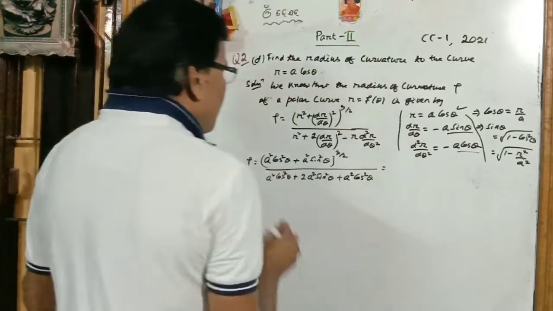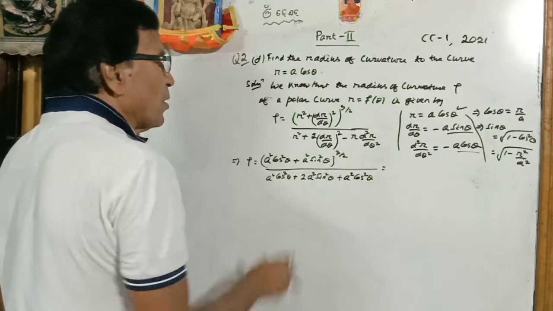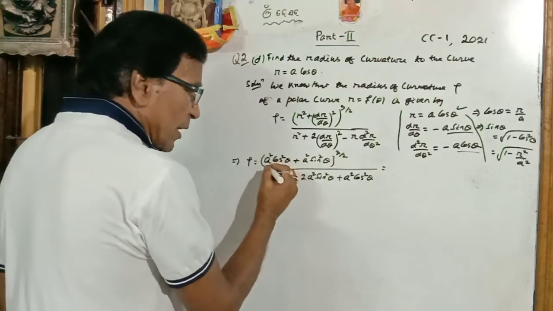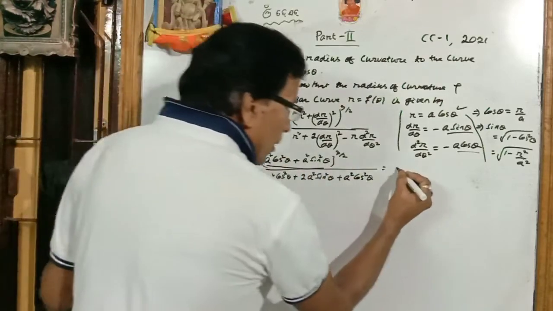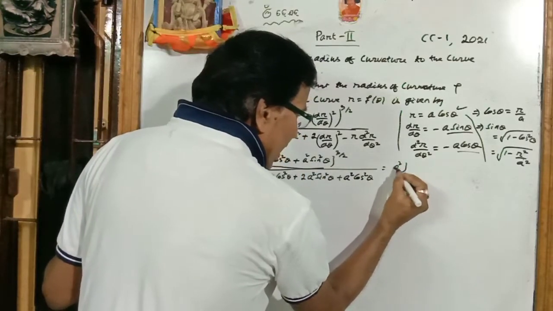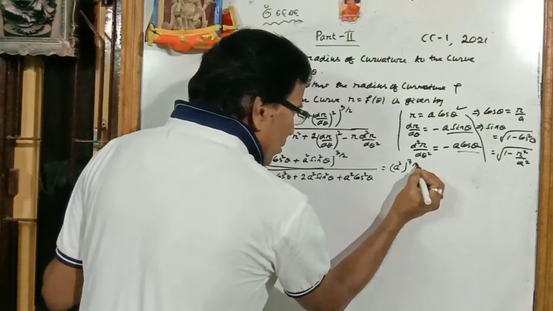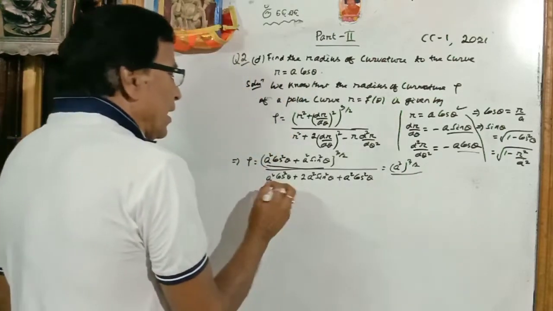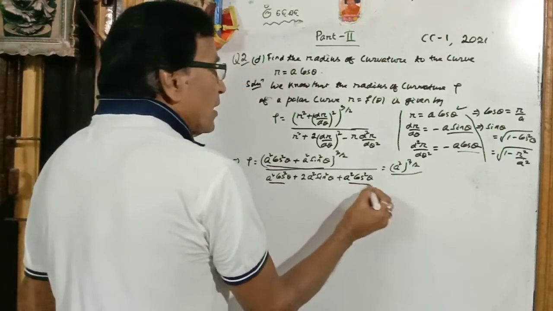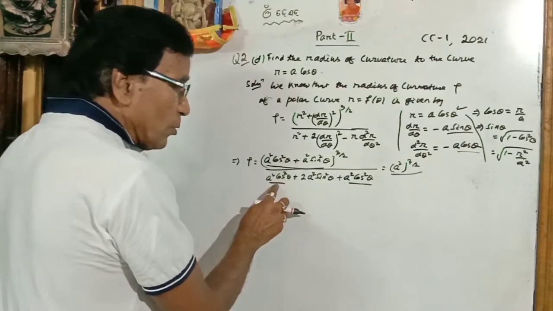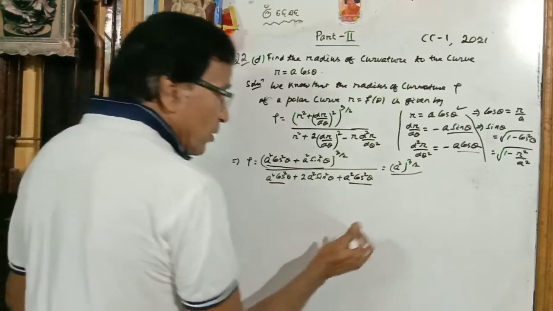So we are getting a square cos square theta plus a square sin square theta, which is equal to a square, and a square whole to the power 3 by 2 divided by a square cos square theta plus a square cos square theta, that is 2a square cos square theta plus 2a square sin square theta.